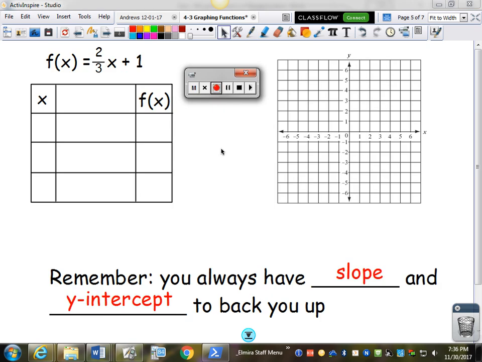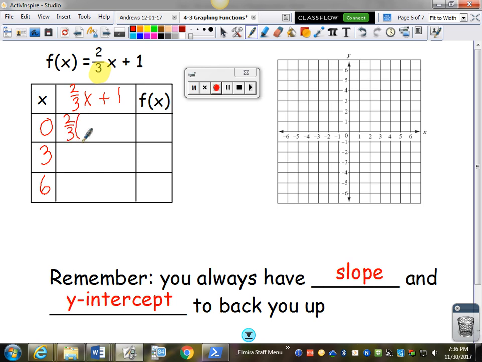Okay. Last one, this also has a fraction in it. The denominator, again, is 3. So I'm going to start with 0, but then I'm going to count by 3's. So 2/3 x plus 1. So I'm going to take 2/3, multiply it by each value. And feel free to use your ABC button on your calculator. Okay.